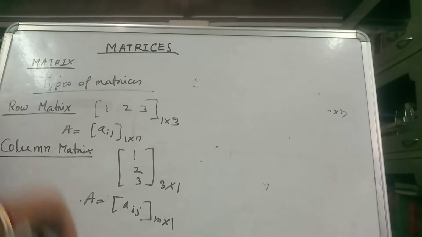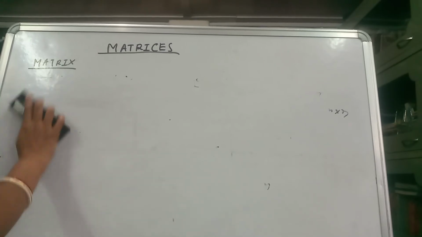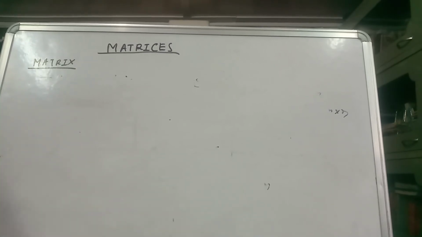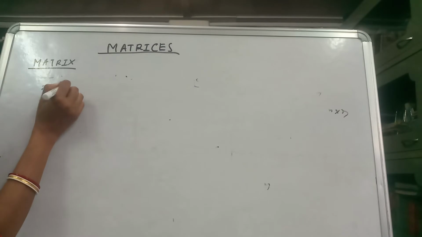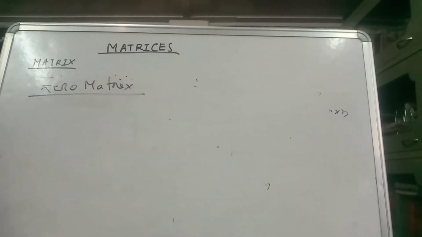Now zero or null matrix. If all the elements of a matrix are zero, then it is called a zero or null matrix.